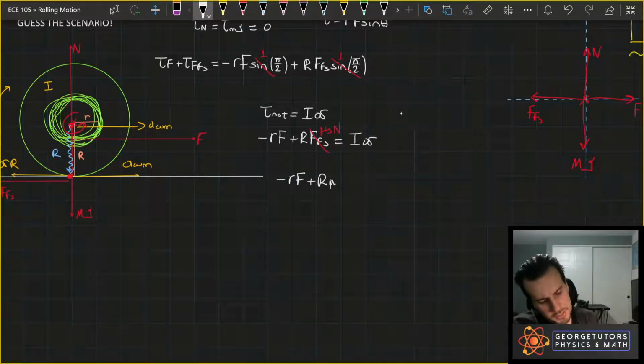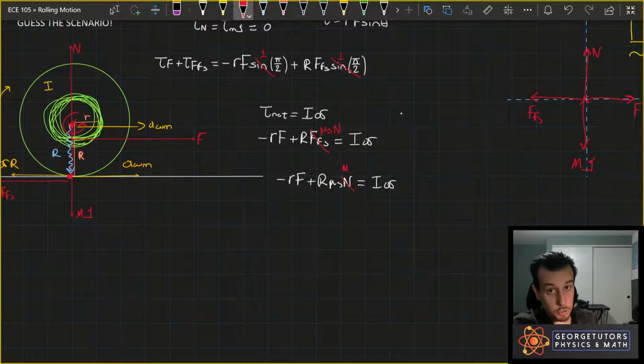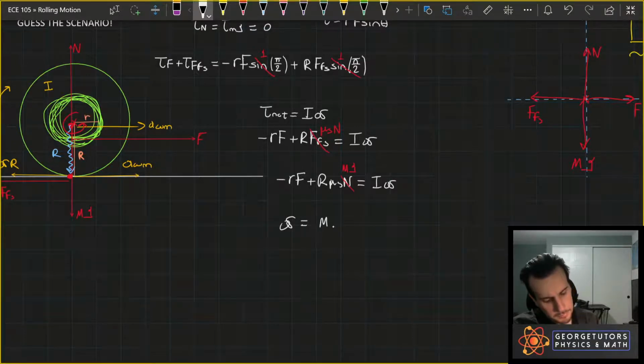And of course, the next move is to put in what the normal is. The normal, we determined, is simply going to be capital M g. And then why not divide both sides by I, so that we get the angular acceleration on its own. It's going to be mu_s M g capital R, minus F times little r, all divided by I.